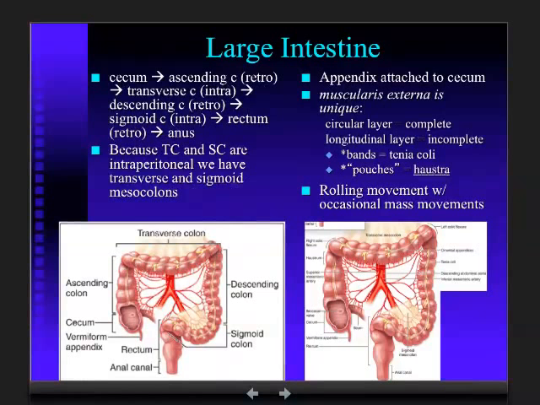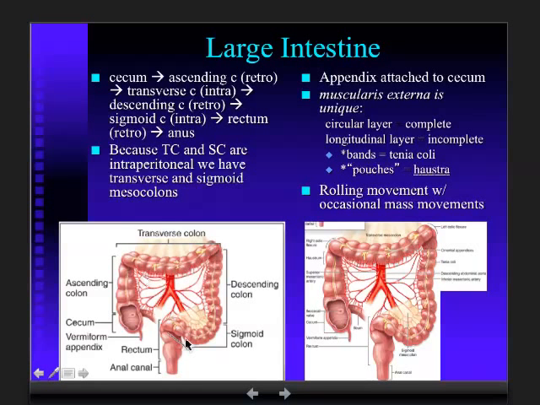Alternatively, think about it again: the ascending and descending are retroperitoneal. And what do you know attaches to the transverse and sigmoid? A mesocolon, right? That is a mesentery. And so these must be intraperitoneal.